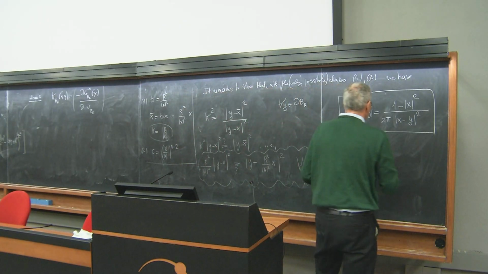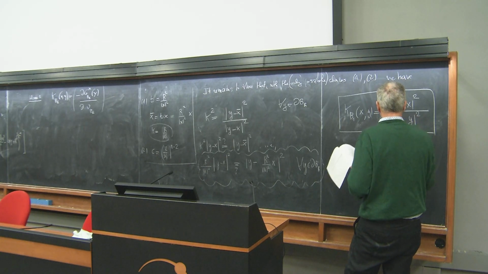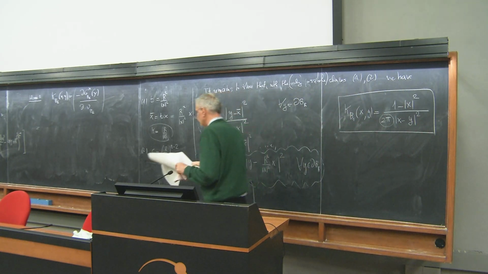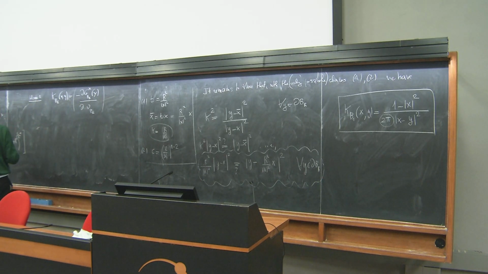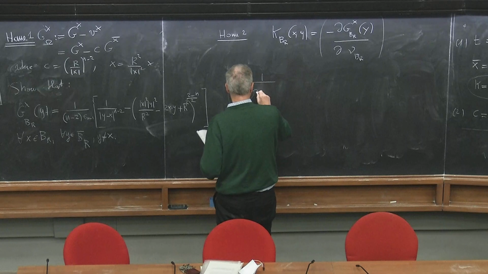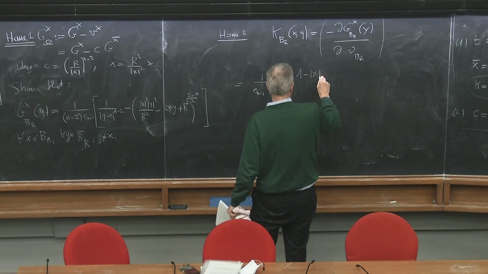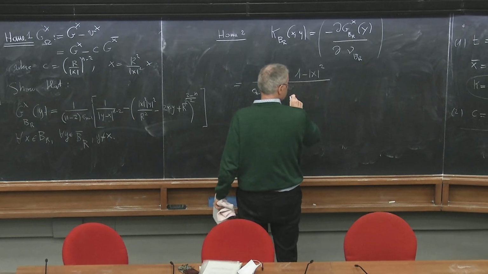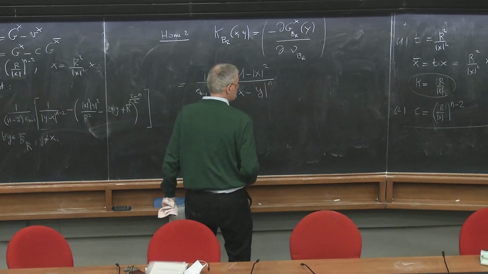So there is here this prefactor must change and must depend on r, but this is similar. So also the power is n. So is equal to the constant is 1 over sigma n minus 1 r, 1 minus x squared divided by x minus y to the n.